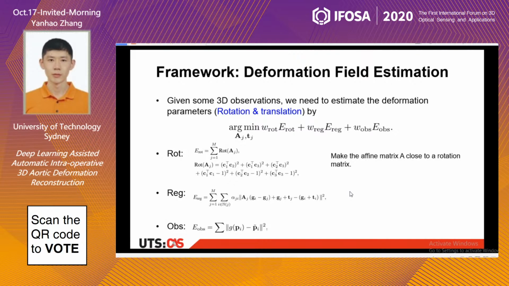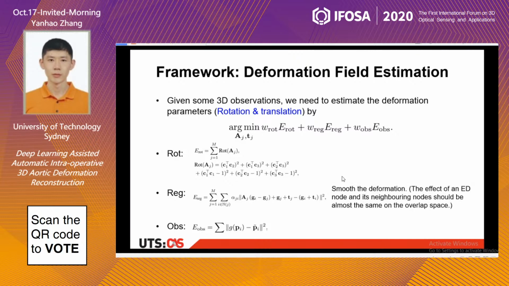This can be achieved by optimizing the rotation and translation of each ED node by minimizing this energy function. There are three terms. The first term is the rotation term. It is used to make the affine transformation matrix close to a rotation matrix. The second term is the regularization term.